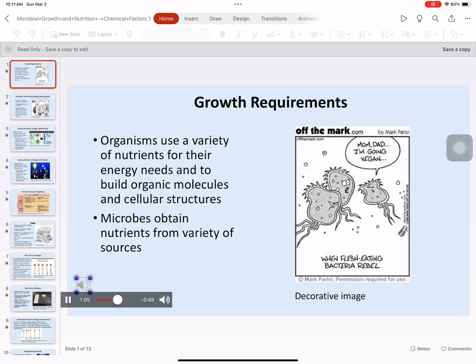And we're going to discuss where microbes get their nutrients from, but we'll learn that it's from a variety of sources, including us if we're dealing with microbial pathogens.